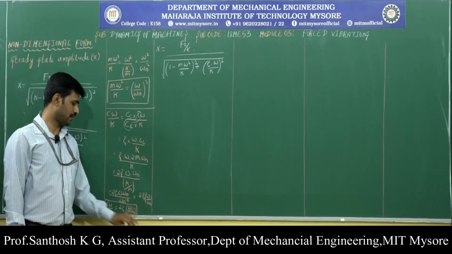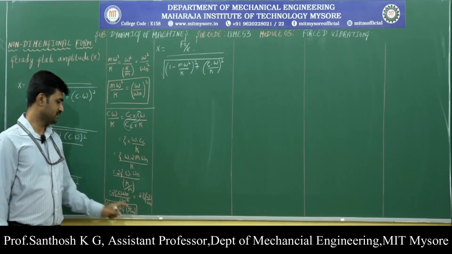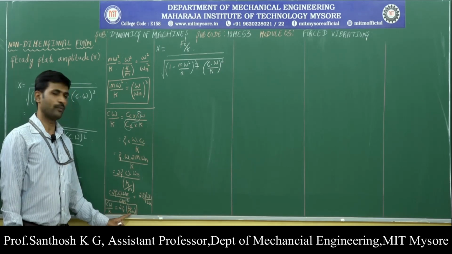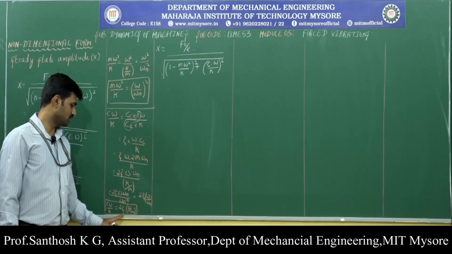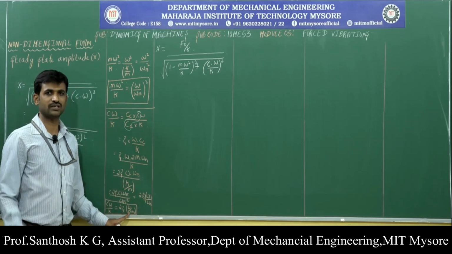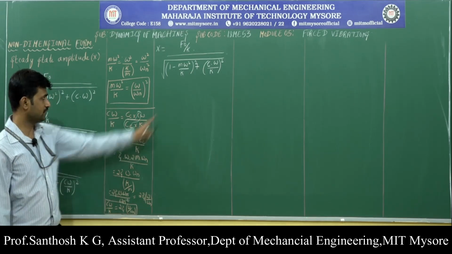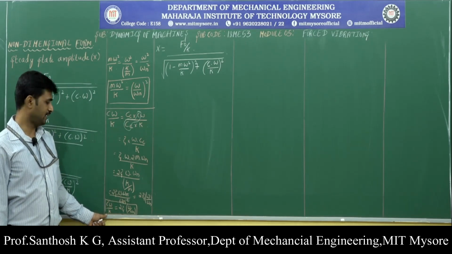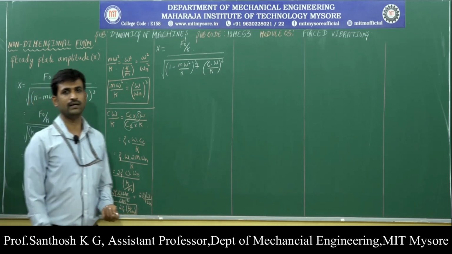Similarly, omega and omega n have the same units, radians per second, so the term omega by omega n is also unitless. In this term, 2 represents a constant, and these two terms represent the non-dimensional form. So wherever in this equation I find c omega by k, I will write 2 zeta into omega divided by omega n.